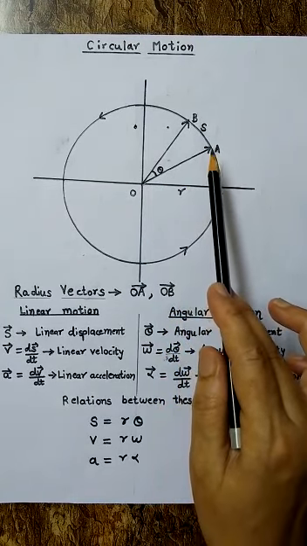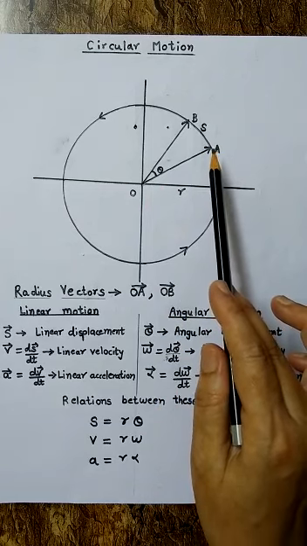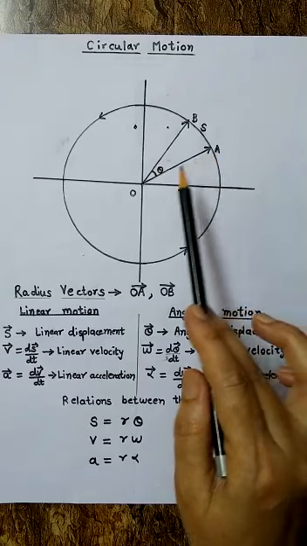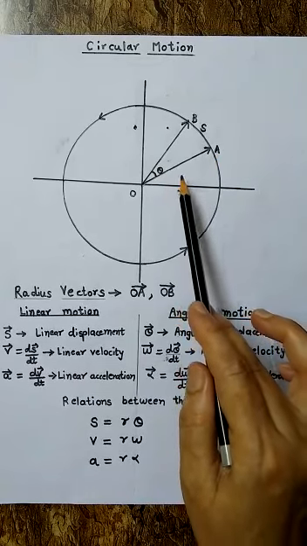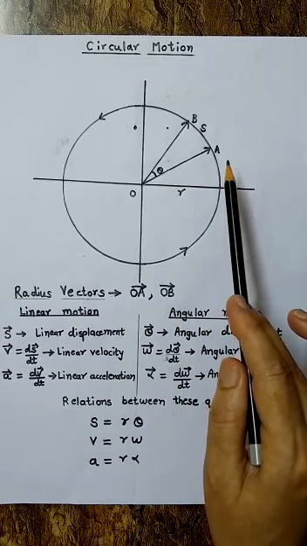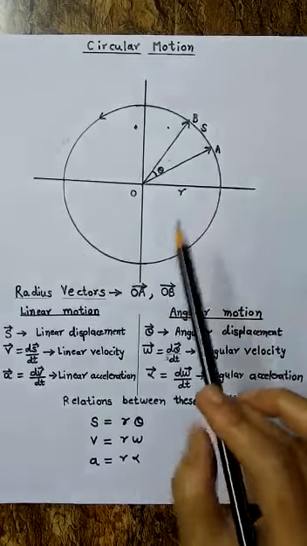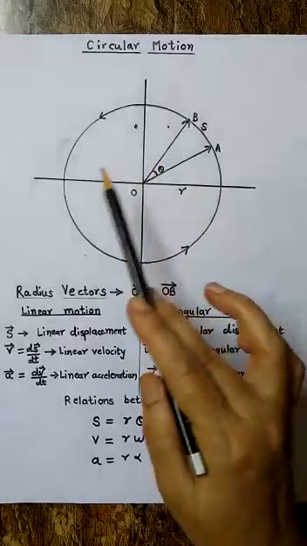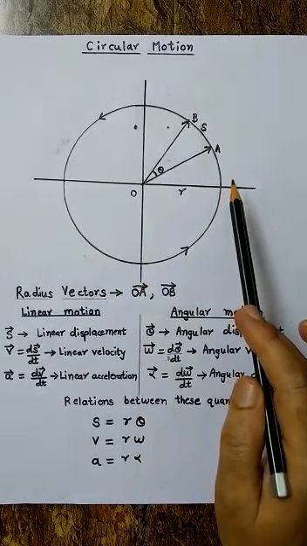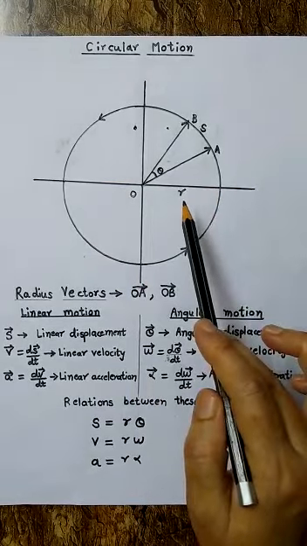Therefore, S is the linear displacement of the particle in time t and theta is the corresponding angular displacement of the particle in time t. Therefore, we can say that when a particle is performing circular motion, it undergoes linear motion and corresponding angular motion.